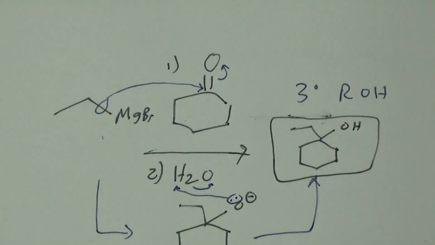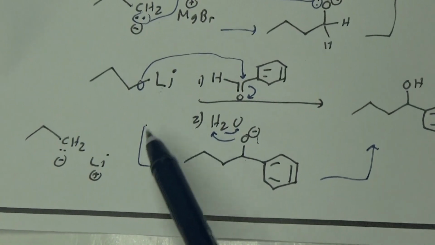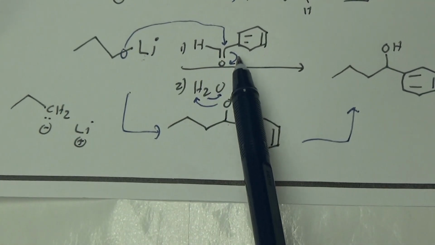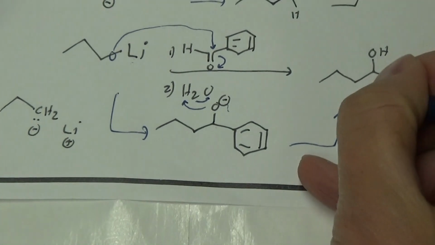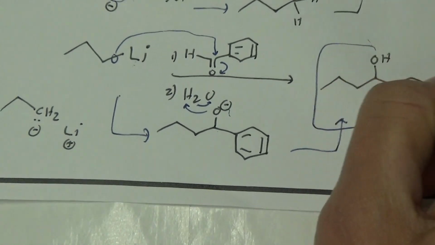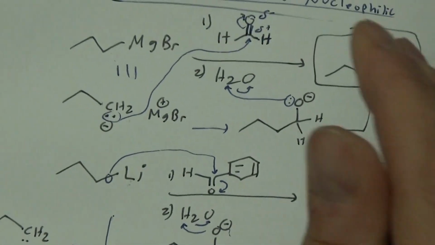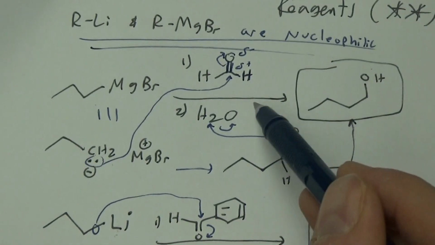I'm done basically, but I just want to show that in the last page, when we added a lithium to an aldehyde, what kind of alcohol is that? That's a secondary alcohol. Right. And when we added to formaldehyde, what kind of alcohol was that?